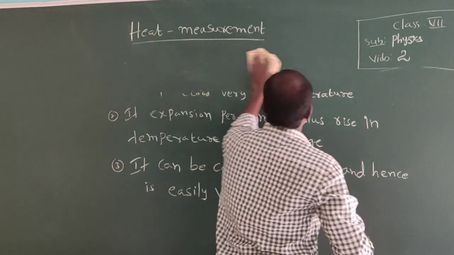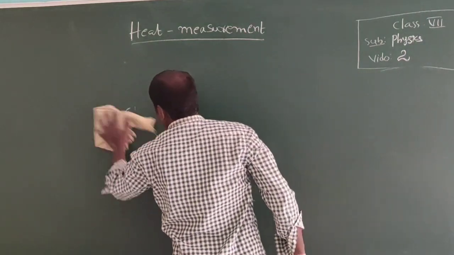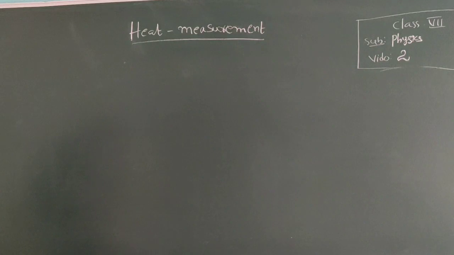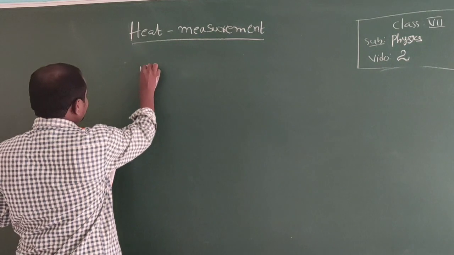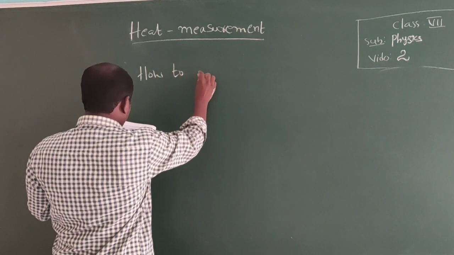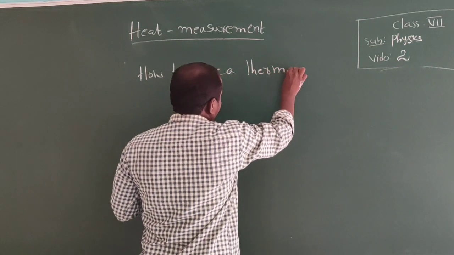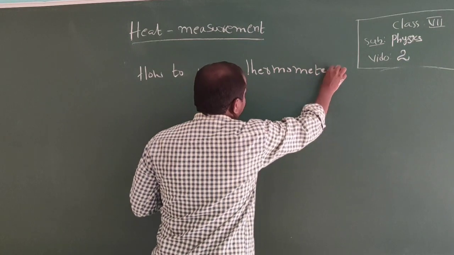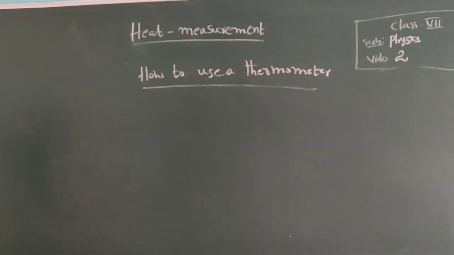Next one, how to use a thermometer? To find the temperature of an object, the bulb of the thermometer needs to be in close contact with the object.